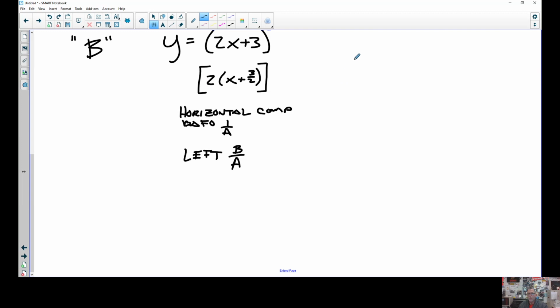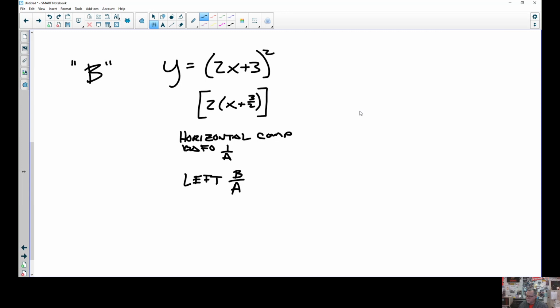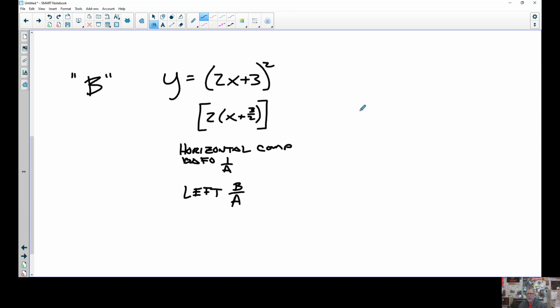All right, so what's that going to look like if the value is, let's say, 1/2? So if I have y equals 1/2 x plus 3, that quantity squared, well, again, I'm going to do the same thing. I'm going to say y equals 1/2, and let's change everything in this.